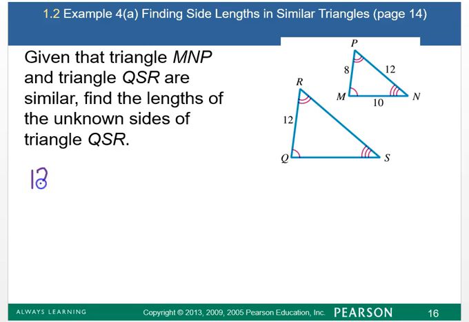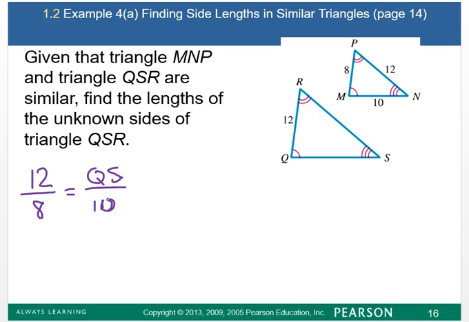We can say 12 over 8 is equal to QS over NM, which we know to be 10.